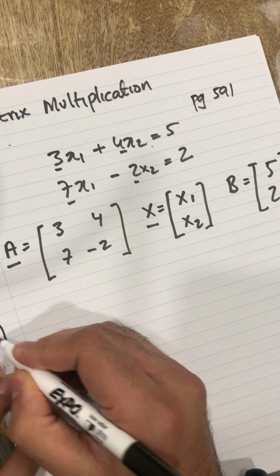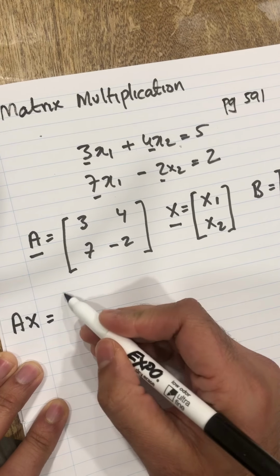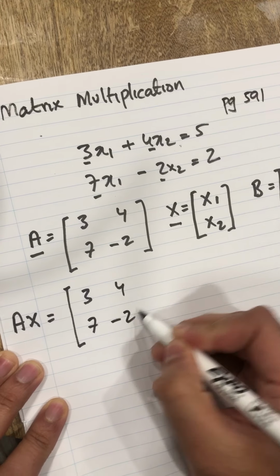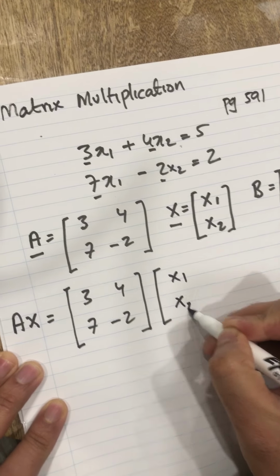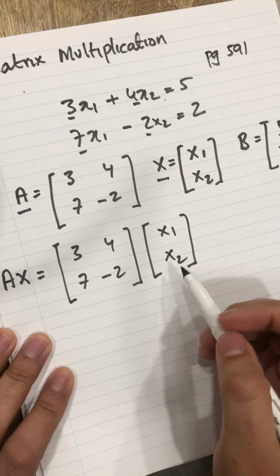So let's say I want to multiply A into X, right? So A into X is 3, 4, 7, minus 2 times x1, x2. Okay, so let's try to multiply them.